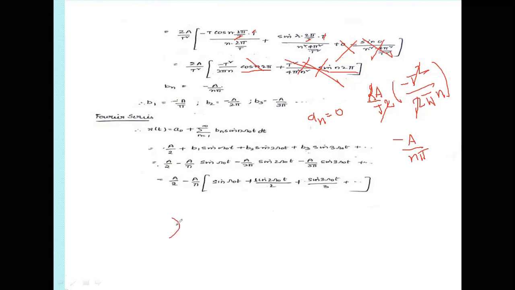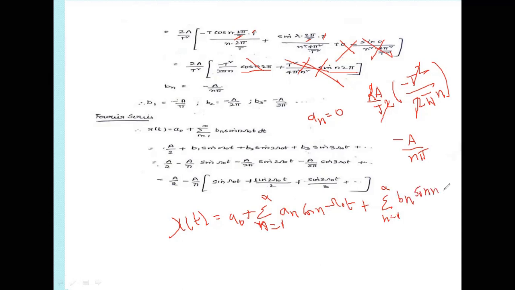So actually the formula is x of t is equal to a naught plus the sum of n equal to 1 to infinity an cos n omega naught t plus the sum of n equal to 1 to infinity bn sin n omega naught t.